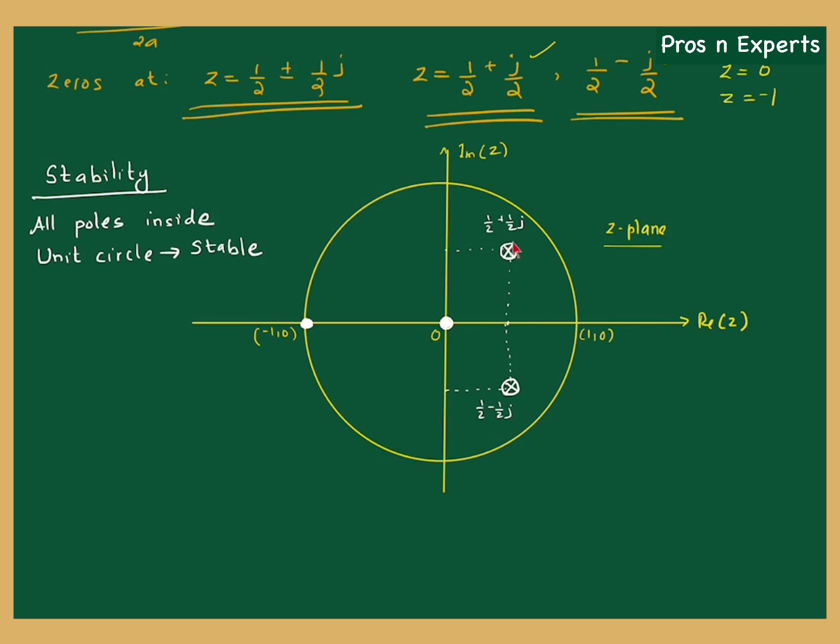There are totally 2 poles, and where are they, inside or outside the unit circle? Where is the unit circle? This is the unit circle because it has radius 1. That's why we call it a unit circle, and both the poles are inside this unit circle. That means the system is stable.